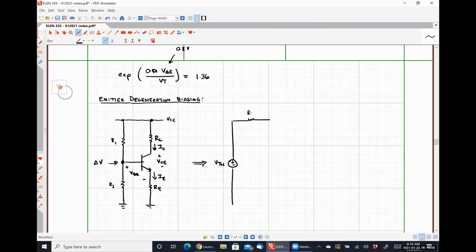Here's my Thevenin resistance, RTH. So this part is simply replacing this bit right here. Then I'm going to have my basic large signal model. Here's my voltage, VBE.